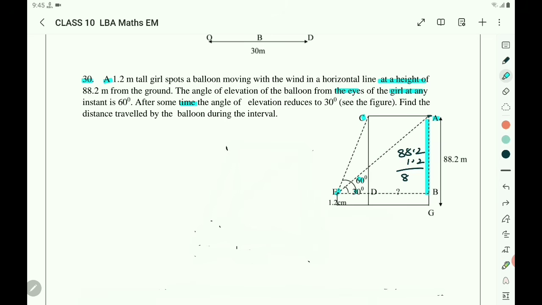Therefore we have to find EB and ED by using the trigonometric ratio.